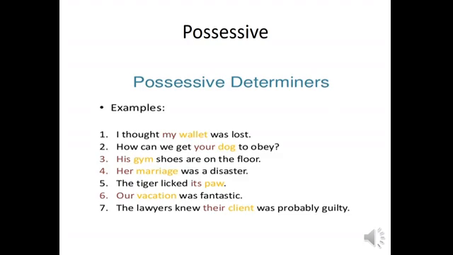So my is a possessive determiner. In the next, your dog, his gym. So his, her, its, our, their. These pink colored words are possessive determiners, which give us an idea about the relationship, or about possessiveness.